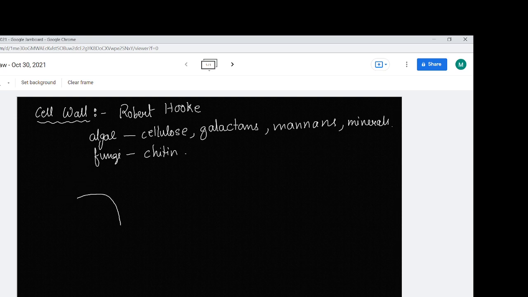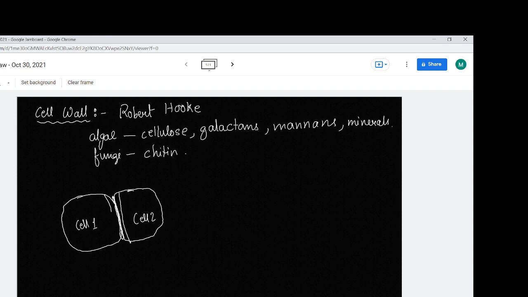Then in between two plant cells, suppose this is one cell and this is the other cell. In between the two cells, cell 1 and cell 2, there is first a middle lamella. This middle lamella is the first layer which is present, and on both sides of this middle lamella there will be depositions which are formed.